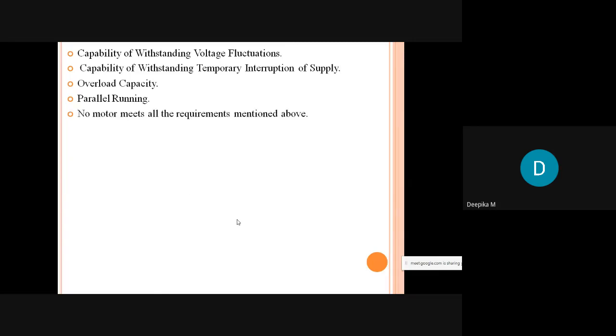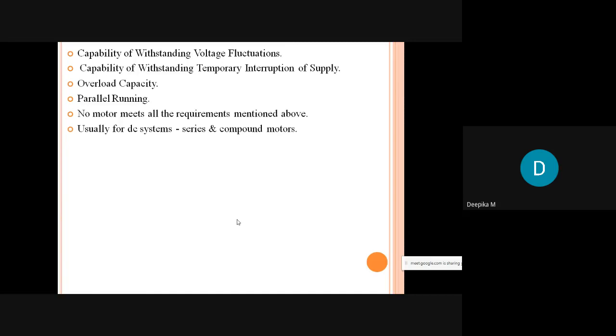And this is the obvious thing, that no motor will meet all the requirements mentioned above. So usually we consider some of the most important characteristics and select the motors.